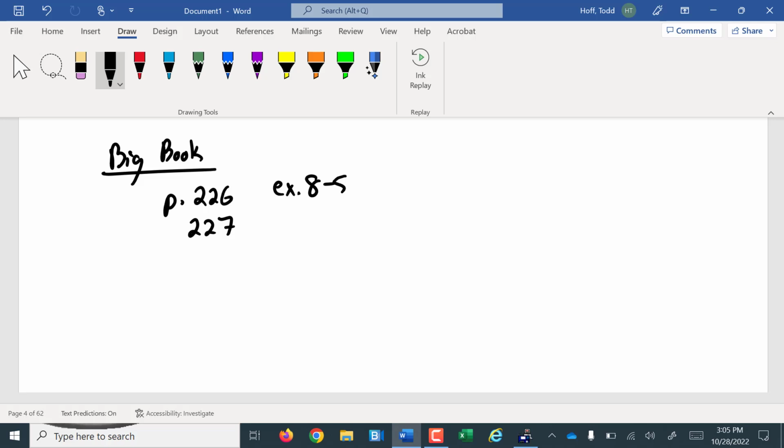Exercise 8-5 and 8-6. And also in the big book, page 247 and 248. Exercise 9-5 and 9-7.